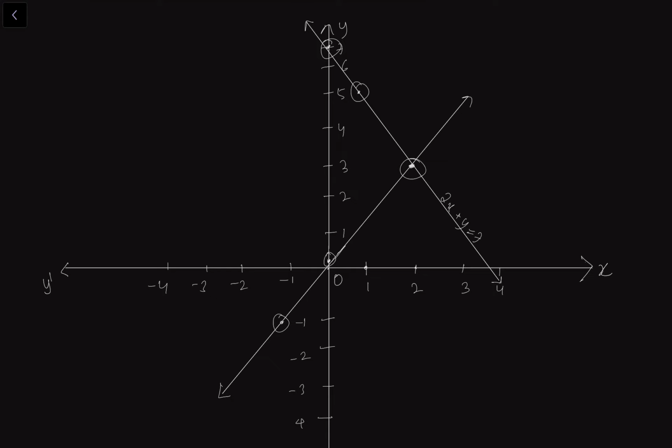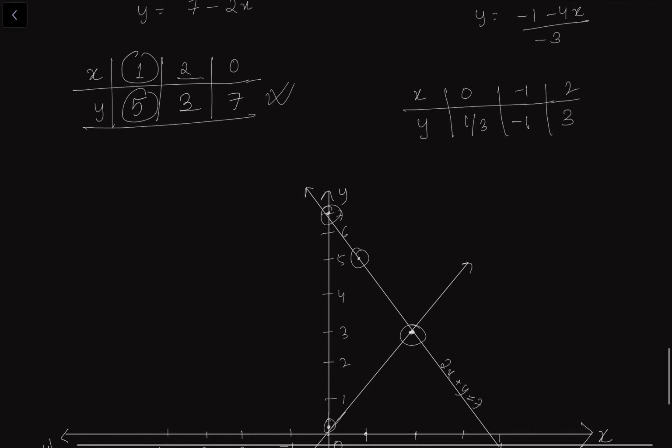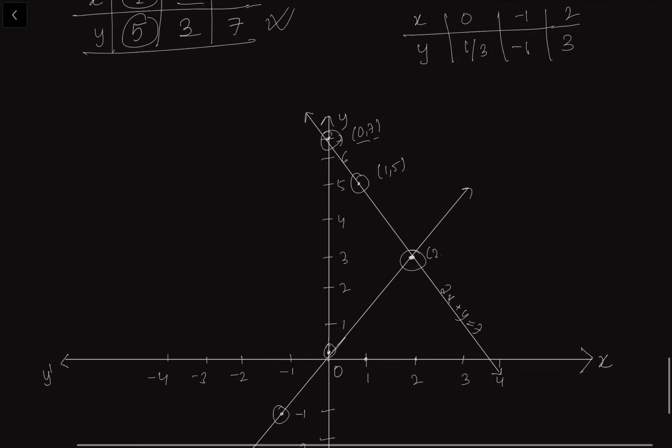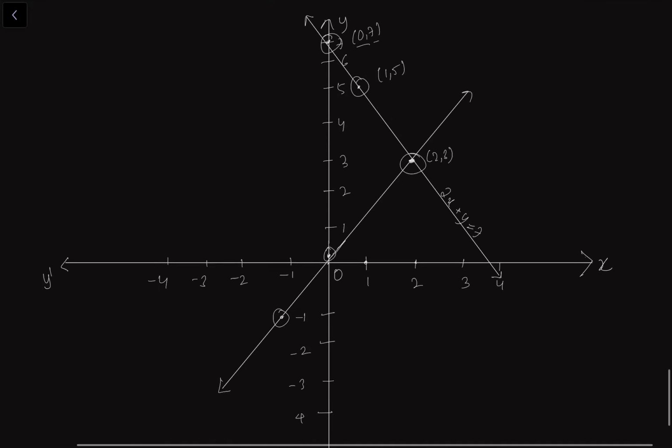Somewhere here you will have 0.33, and I think you should actually name the points. So this point is (0,7), this point is (1,5). When we name it, we first write x, then we write y, and this point is (2,3). This is (-1,-1). This is (0,1/3).